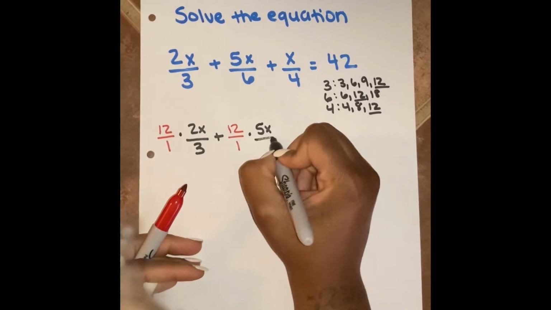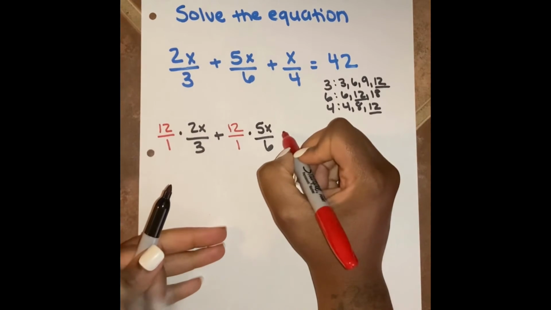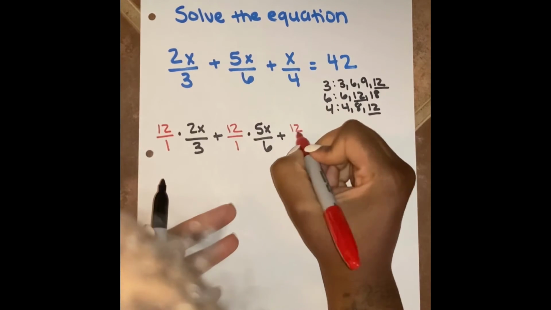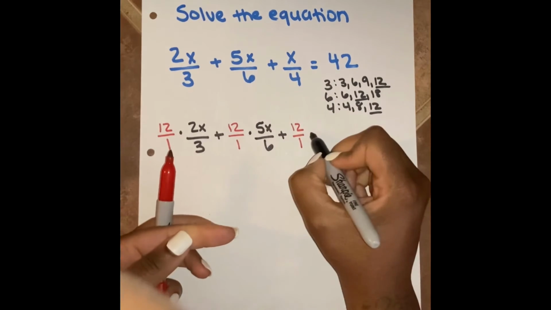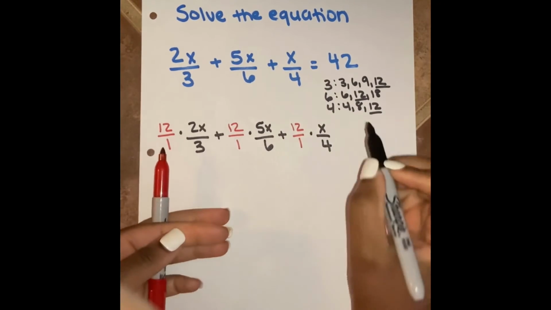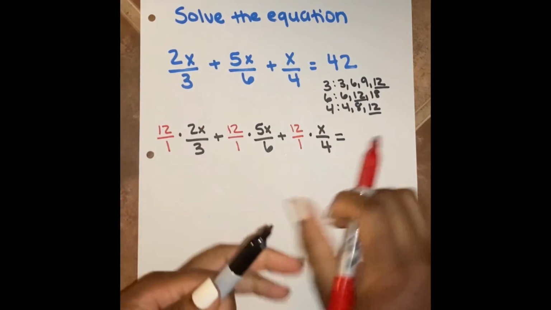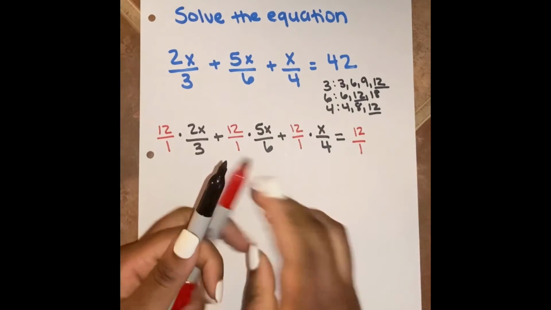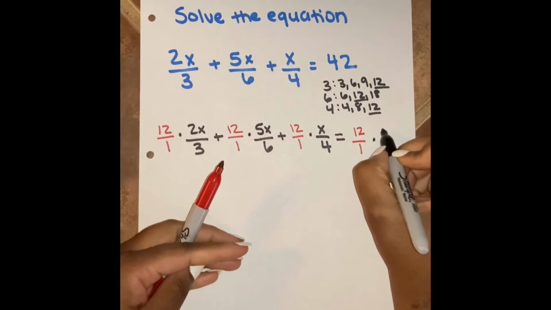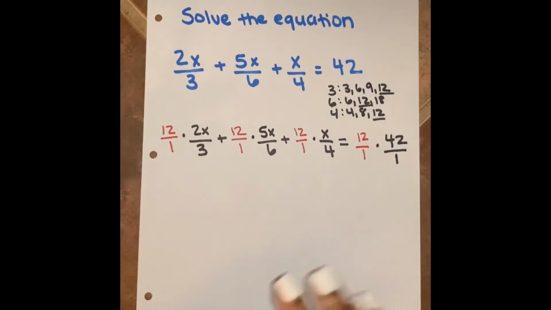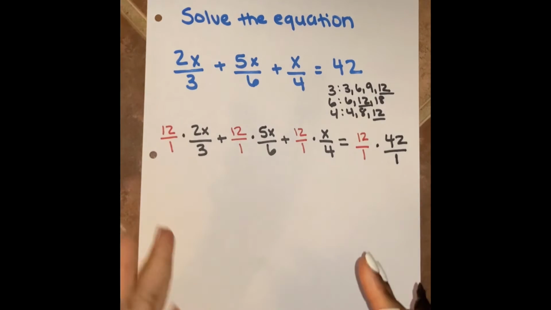And our next term, 5x over 6, plus 12 over 1 multiplied by x over 4, which is equal to 12 over 1, also multiplied by our last term, 42. And I'm going to make 42 a fraction so that we can easily see how we need to multiply that later on. Okay, so now that we have our LCD multiplied by each term, now we can cancel.